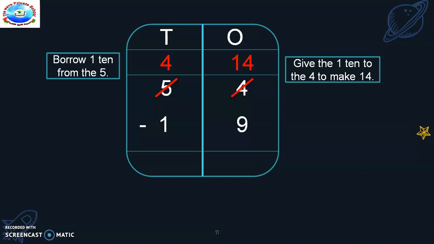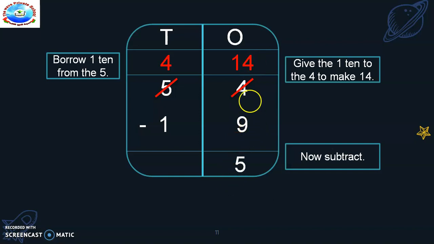Write it in the ones column. Now subtract 9 ones from 14 ones, which gives 5 ones. Write it in the ones column. Next, go to the tens column. Subtract 1 ten from the 4 tens, which gives 3 tens.